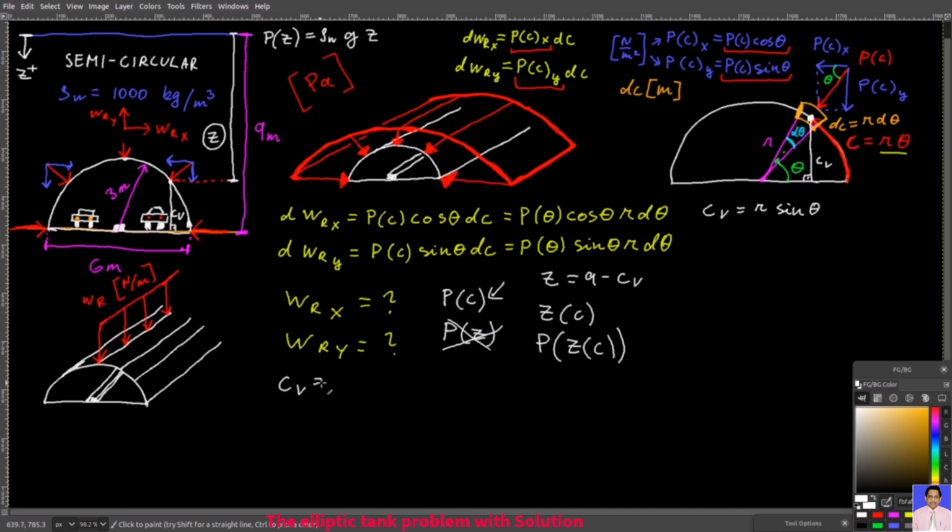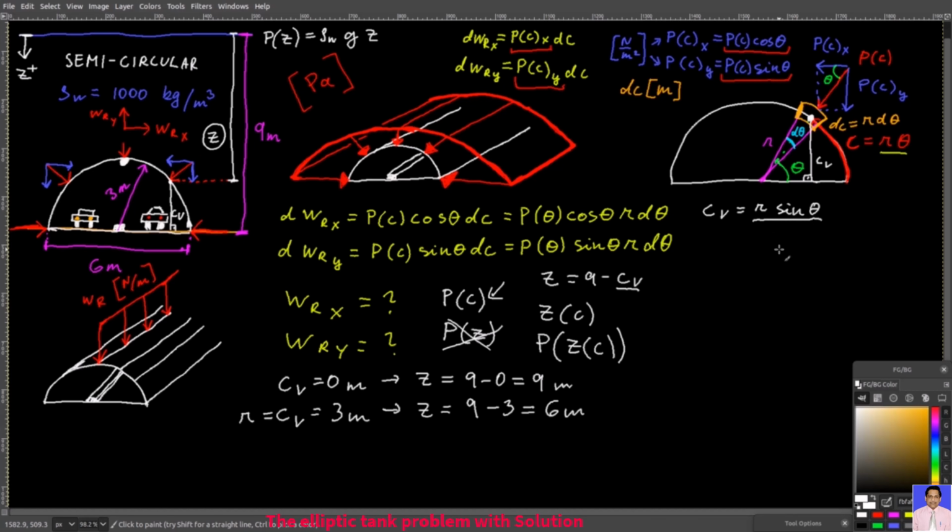If CV equals 0 meters, then z equals 9 minus 0 equals 9 meters, because there is no CV here. If CV equals 3 meters, then z equals 9 minus 3 equals 6 meters. That's when you are here. That's when your CV equals your radius. But you know that your CV is r times sine theta. So z equals 9 minus r times sine theta.